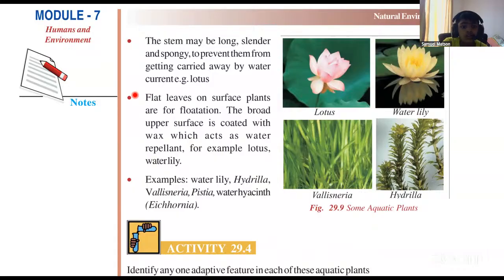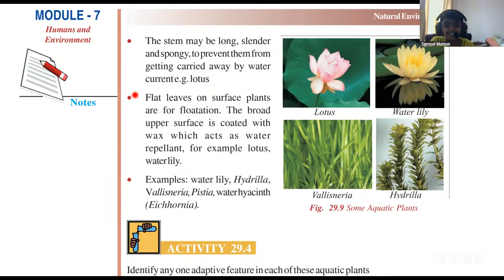Flat leaves on surface plants are for flotation. The broad upper surface is coated with wax, which acts as a water repellent. Examples: lotus, water lily, hydrilla, Vallisneria, Pistia, and water hyacinth.